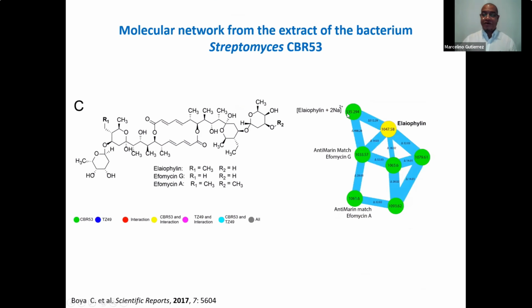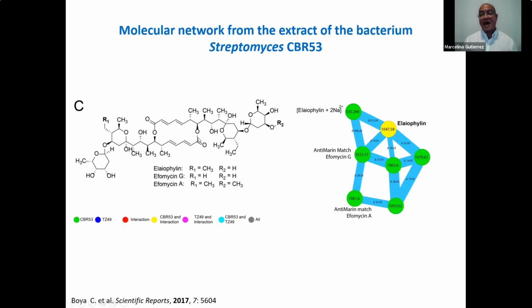So we also used molecular networking, and we found lysolipin and efomycin G and A present in the molecular networking. To prove the concept, we used chromatography to isolate pure lysolipin, and then we confirmed the structure using NMR, and we also tested the biological activity, and this compound showed antibacterial activity.